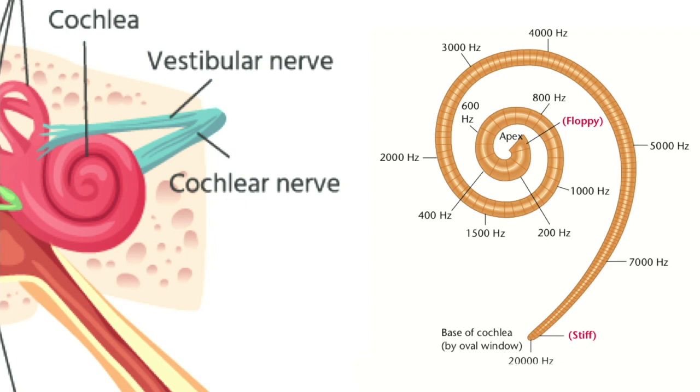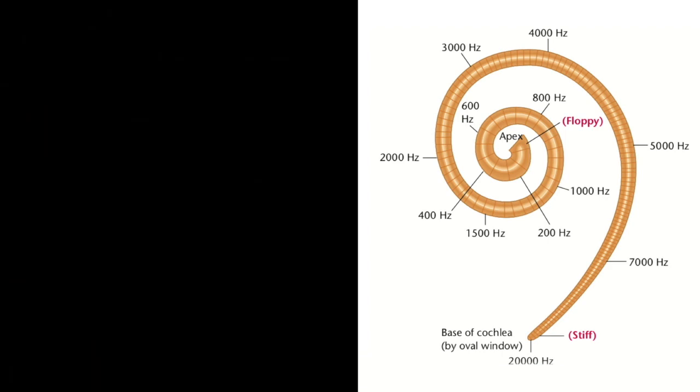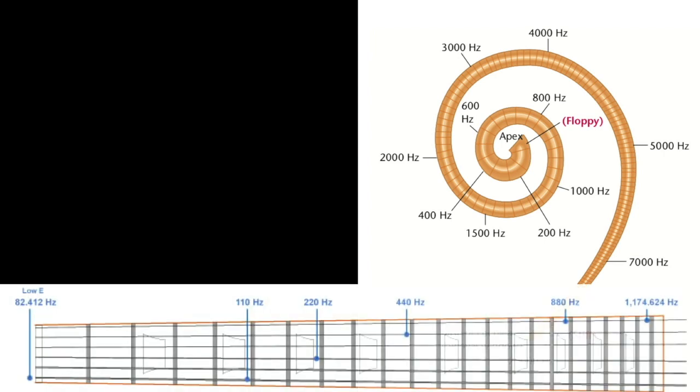So I'm going to use a little bit of an example here to demonstrate where some of these sounds exist by using a guitar. I've mapped out the basic frequencies of a regularly tuned acoustic guitar.